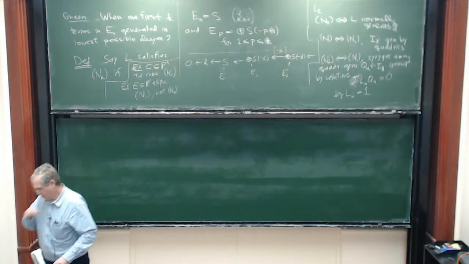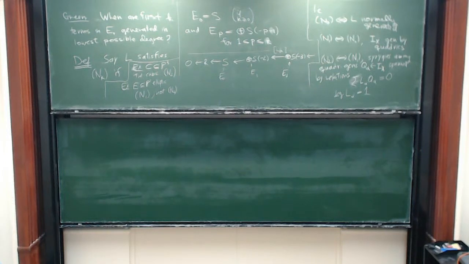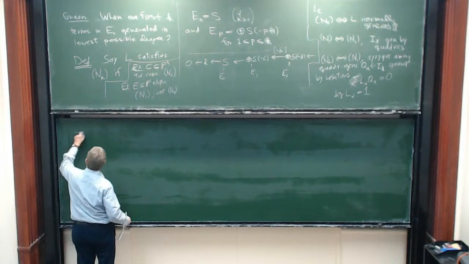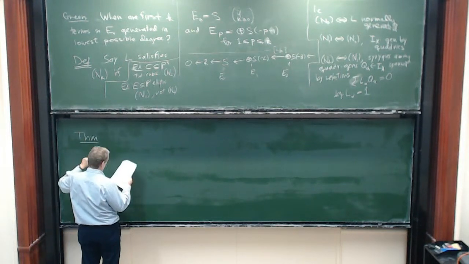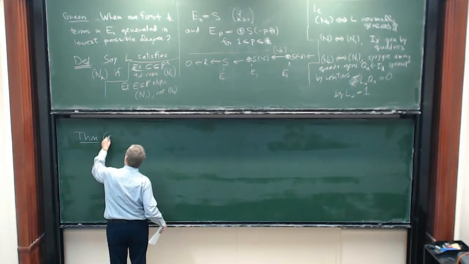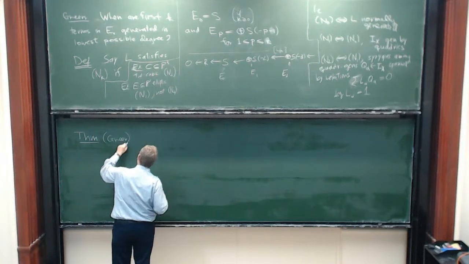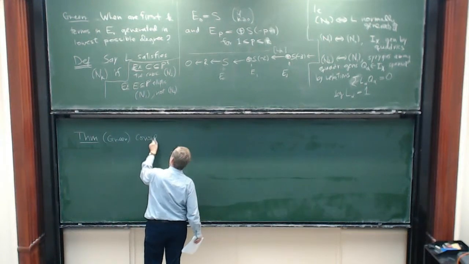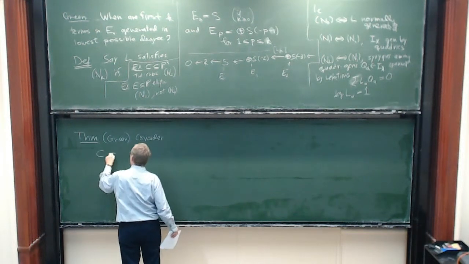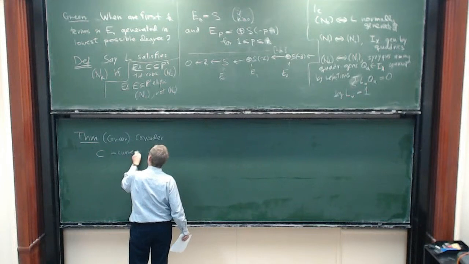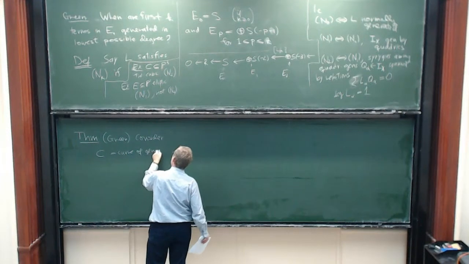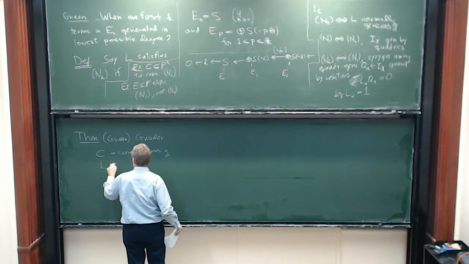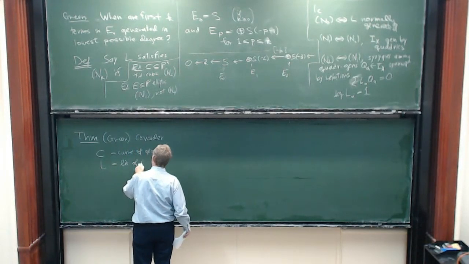Okay, so what's the theorem? This is the first theorem in the subject. This is Green's theorem. It explains what's happening for curves. So let's consider C a curve of genus g, and L a line bundle on C of degree d.